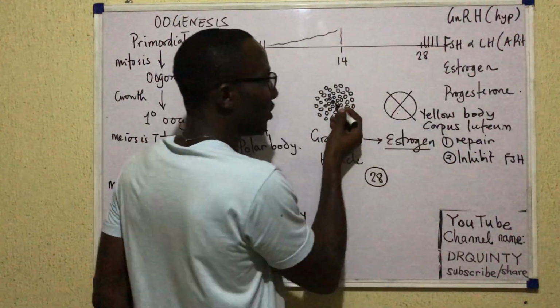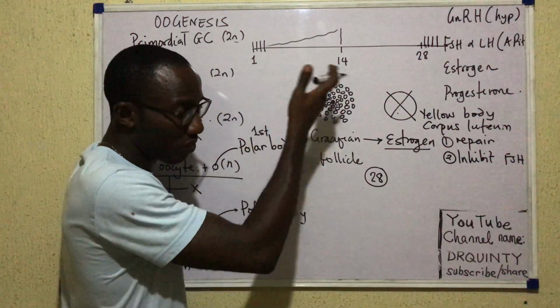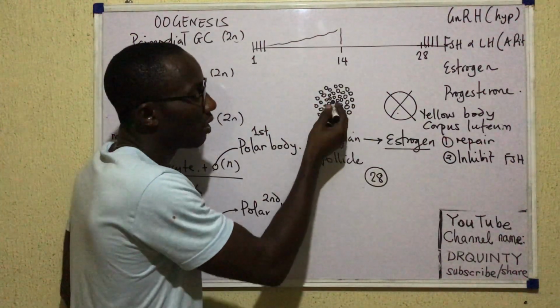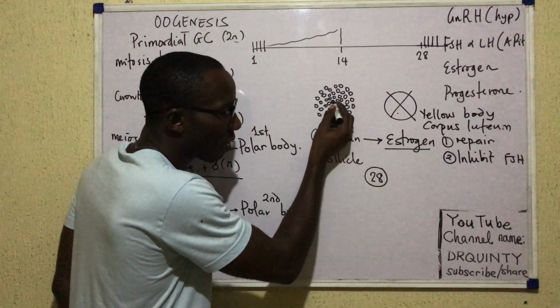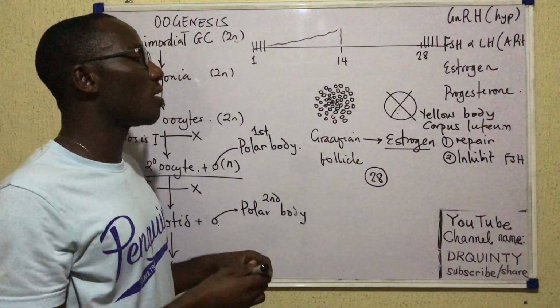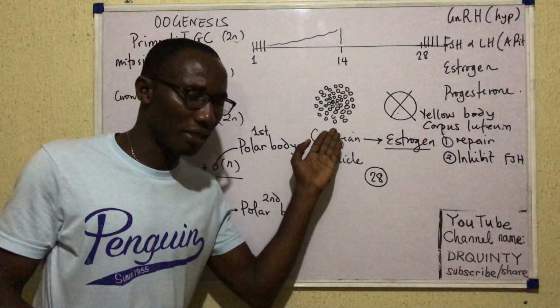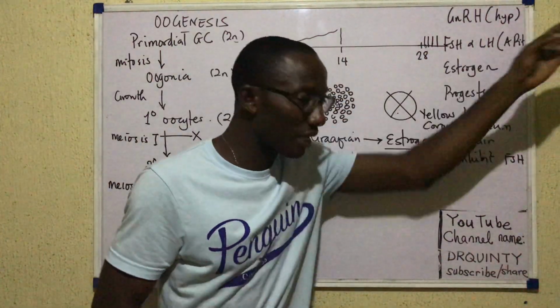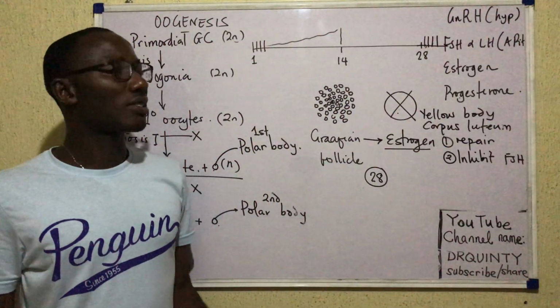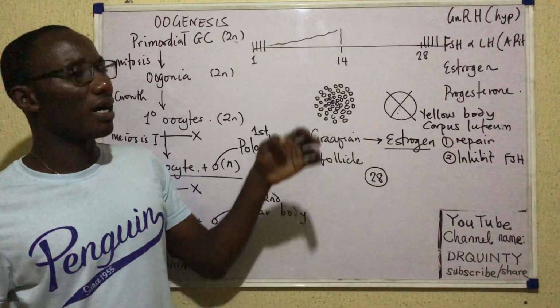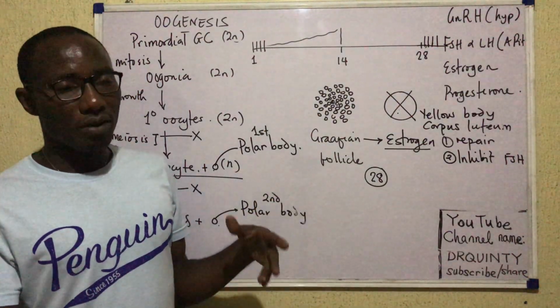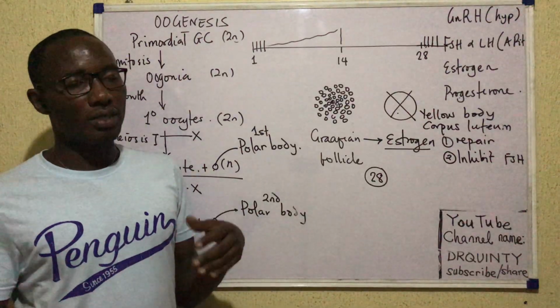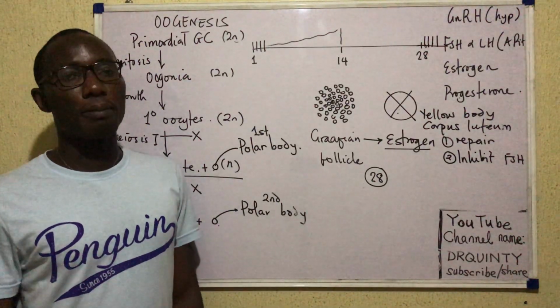It will pick another primary oocyte and then surround it with follicle cells like this. And a new cycle starts. So everything we said here starts all over again. That's how a woman is able to have regular cycles where she bleeds, later she ovulates, and so on.